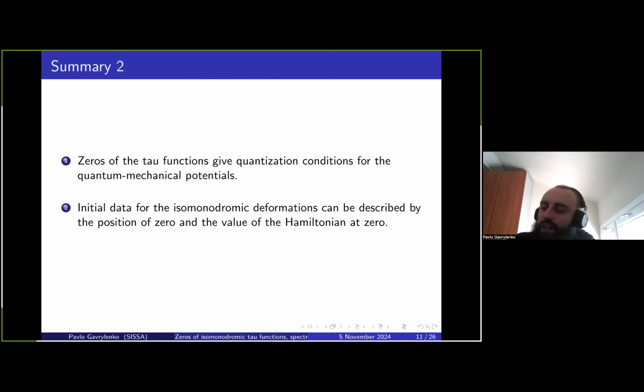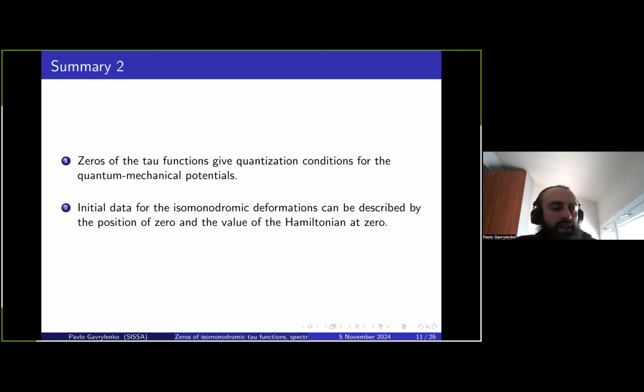Okay, so the summary of this part is the following: one way to solve a quantum mechanical potential is to study solutions of the isomonodromic system that have a pole precisely at some prescribed point.